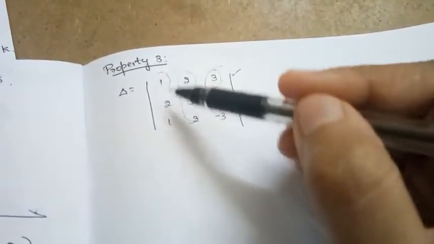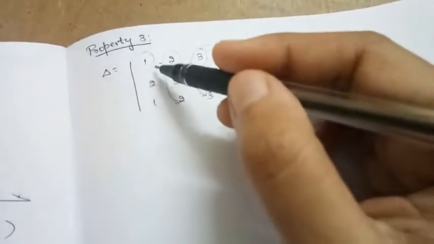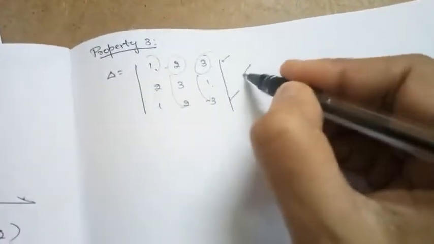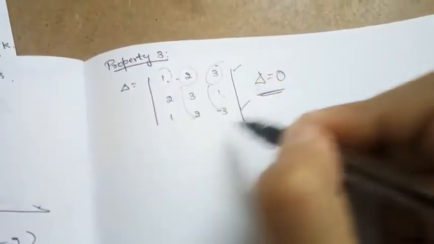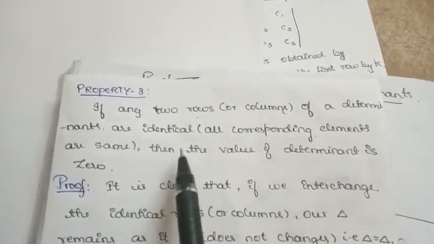So by comparing the corresponding elements of any two rows or any two columns, if they are the same, identical, here it is also 1, 2, 3, then the determinant value delta is equal to 0. So that is what they are saying here: when it is identical, the value of the determinant is 0.